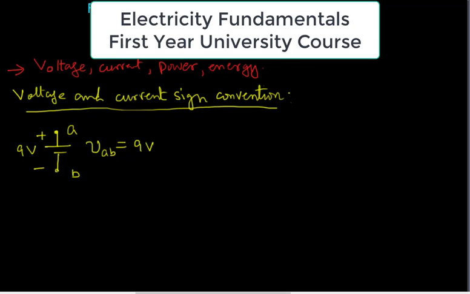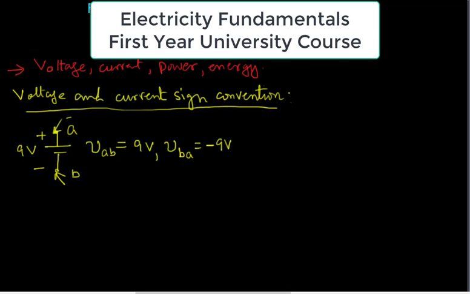We can also put this in a slightly different way. We can say that VBA, if you were to measure this battery using a voltmeter such that the positive terminal was here and the negative terminal was here, what would happen? If you measured the battery voltage in the reverse polarity, then you would get minus 9 volts. This is the voltage sign convention.